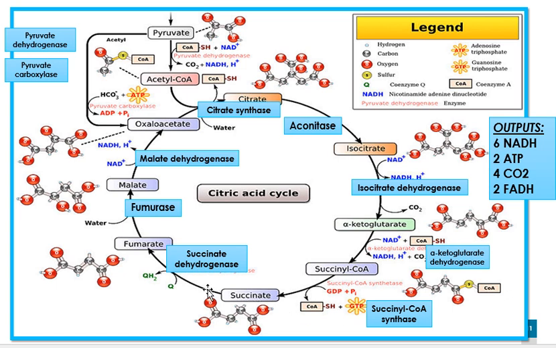Succinate again rearranges, still 4 carbon, with the help of this, but in here there is the presence of the electron carrier FADH2, also known as FAD. And then fumarate becomes malate with the help of this. Malate will become oxaloacetate with the help of this enzyme, and then there is the presence of NAD.